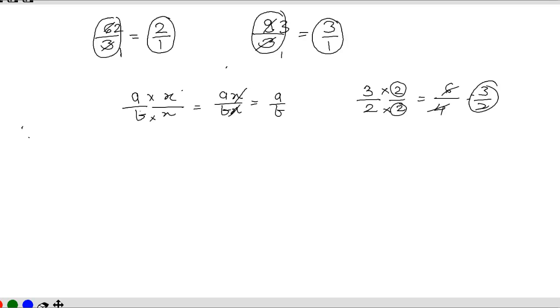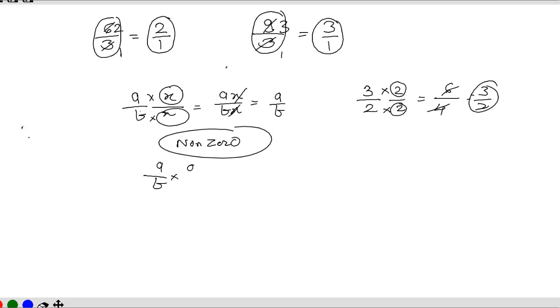But one thing you have to remember, whatever number you multiply, it should be a non-zero number, then only the ratio will remain same. If you multiply a by b by 0, then it will not remain the same, it will become 0.